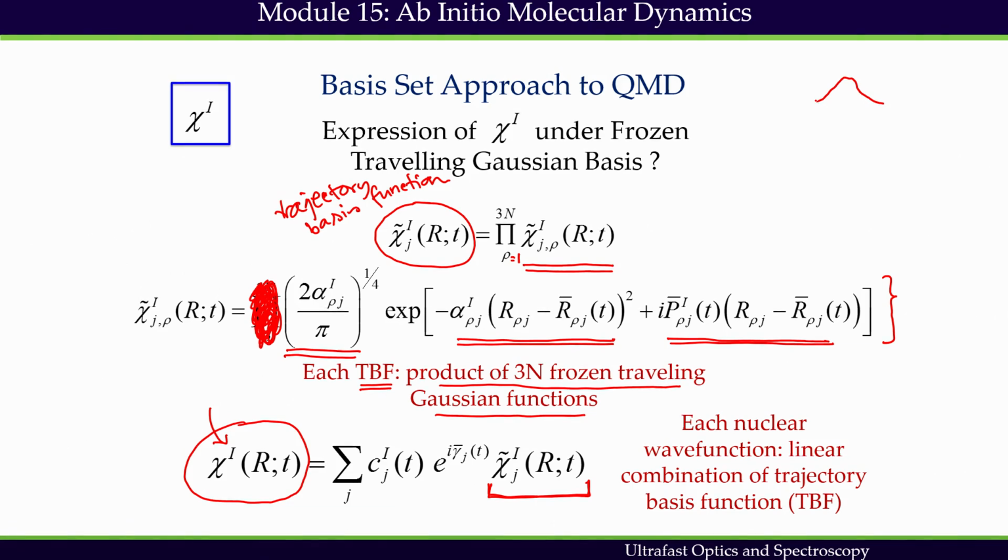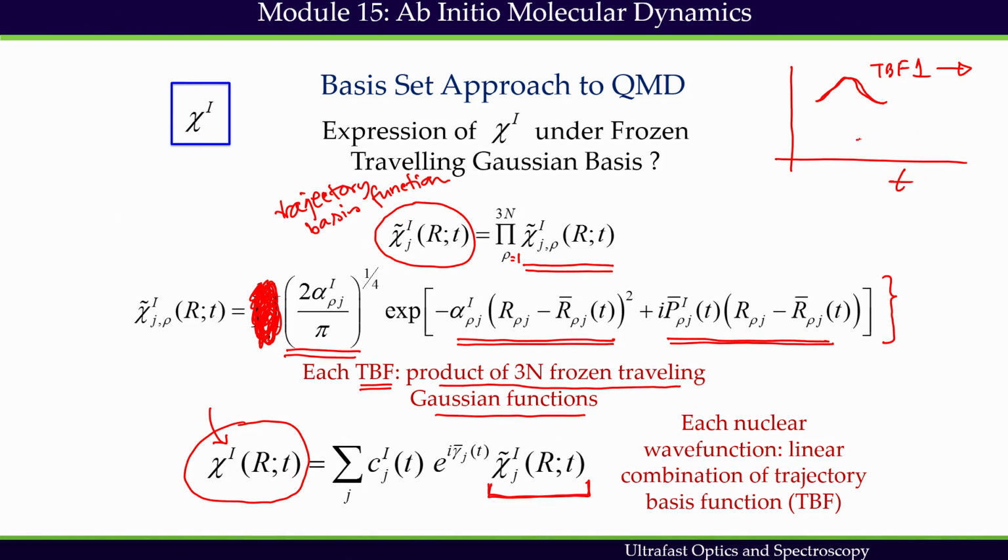So let's say I have one trajectory basis function. This is trajectory basis function number 1, and another trajectory. So this is one way of reaction, one outcome. Each trajectory basis function has its own outcome. So let's say one trajectory basis function is propagating along this way. This is the time axis.